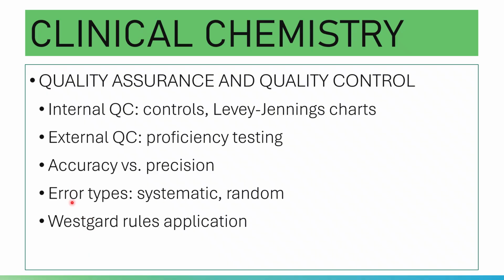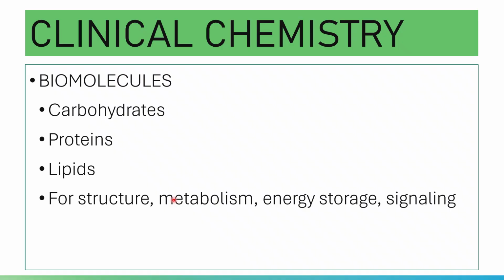And yes, you have your error types, systematic and random, and your Westgard rules application. Anyway, take a look at your biomolecules because in clinical chemistry, you will look at your biomolecules, and then your enzymes, and then your electrolytes, and then we'll do a bit of TDM.